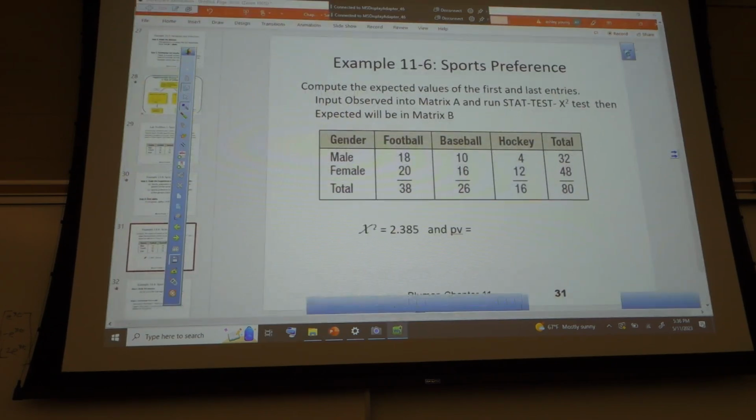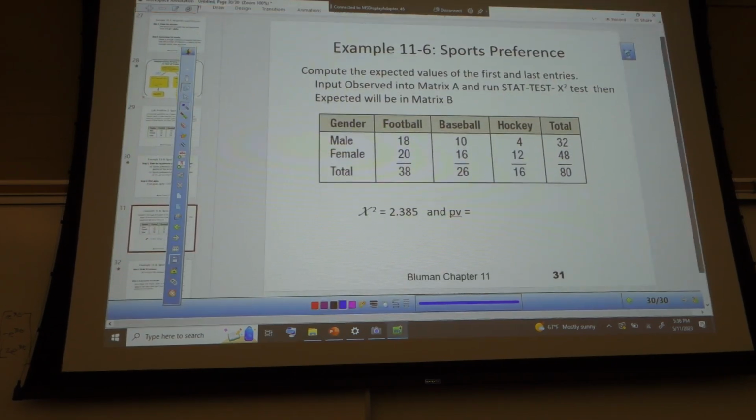All right, so next you folks found your E11, and again, I recommend you box it out like that. So it's going to be E1, comma 1, and you all did 32 times 38 over 80, and got 15.2, I think is what people got.